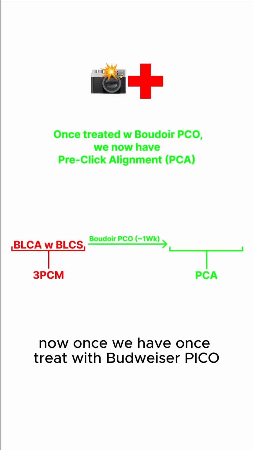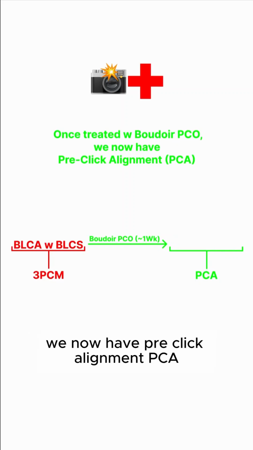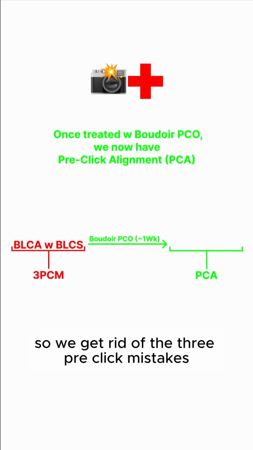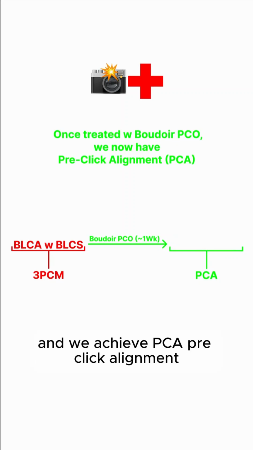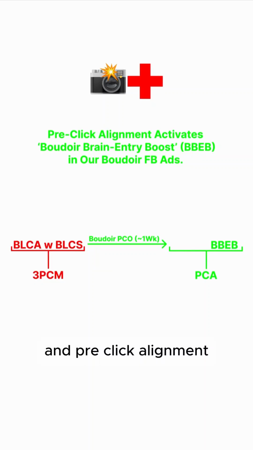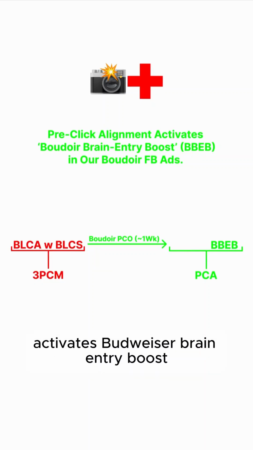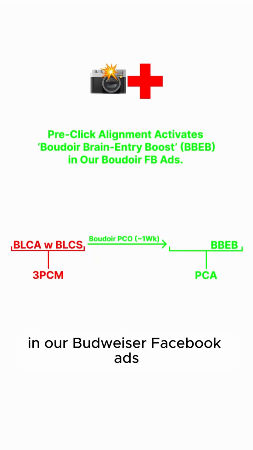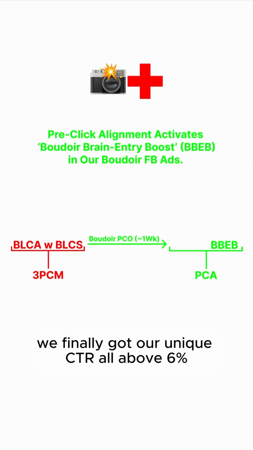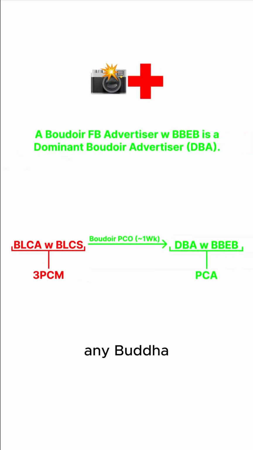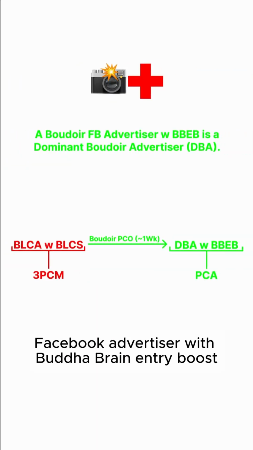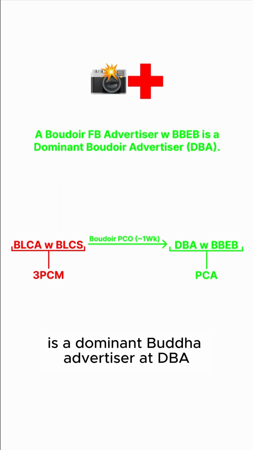Now, once treated with boudoir pico, we now have pre-click alignment, PCA. So we get rid of the 3 pre-click mistakes and we achieve PCA, pre-click alignment. And pre-click alignment activates boudoir brain entry boost in our boudoir Facebook ads. Now, basically, we finally got our unique CTR above 6%. And a boudoir Facebook advertiser with boudoir brain entry boost is a dominant boudoir advertiser, a DBA.